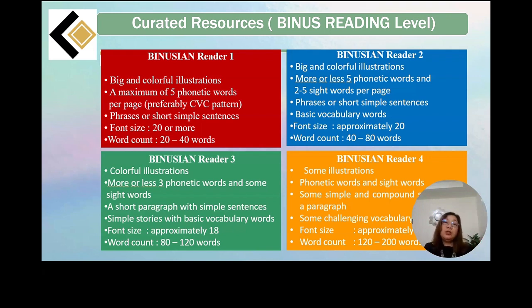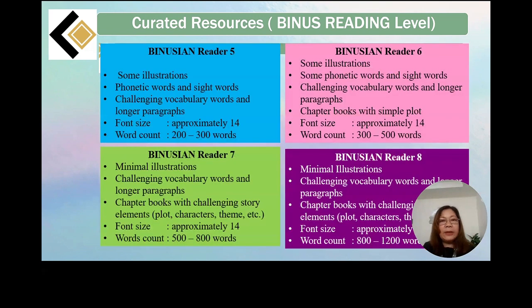So students would know where to go because they are directed by the teachers to what specific level they are at. And once they feel they're ready to go to the next level, they will get a different color coding. So this is from Venusian reading level 1 until Venusian reading level 10.